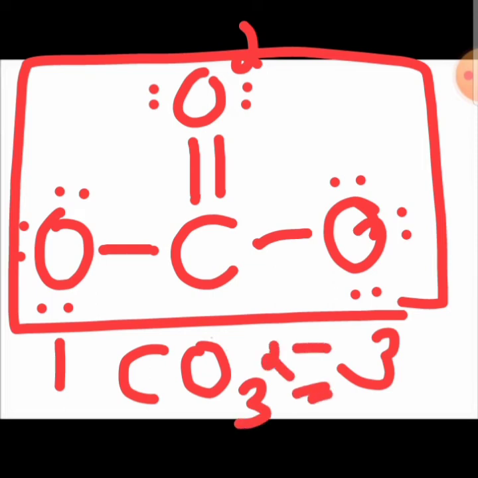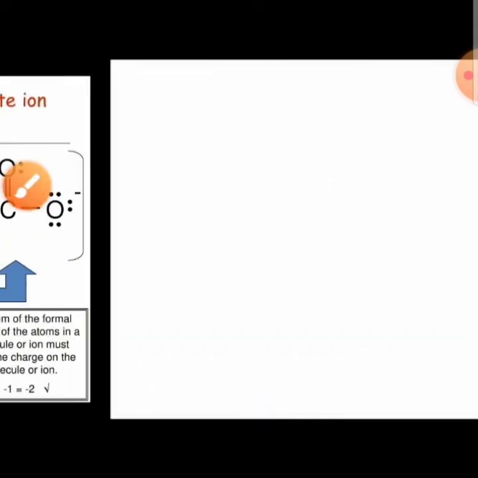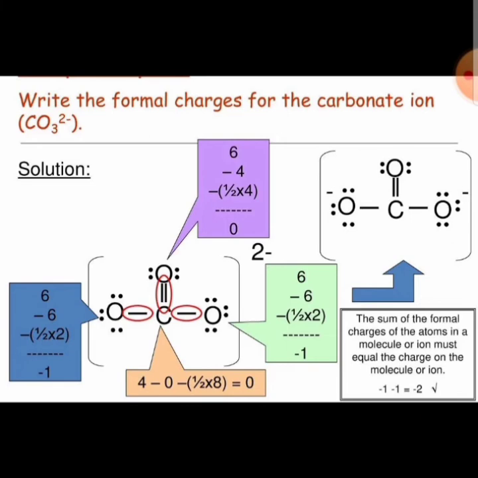Now, on which oxygen do we have to provide the two negative charges? Let us calculate the formal charge on the carbonate ion CO3 2 minus. Let us first find the formal charge on the carbon atom. In the valence shell of carbon 4 electrons are there, minus lone pair electrons around carbon, 0, minus half into the number of bonded electrons around carbon, total 4 bonds, so 4 twos are 8. When you calculate, the formal charge on carbon is 0, so we are not going to put any charge on the carbon atom.